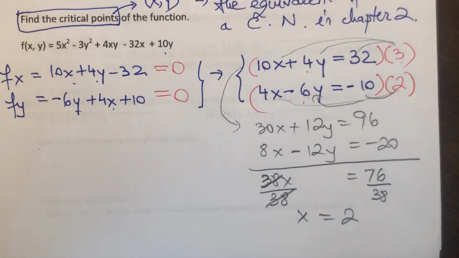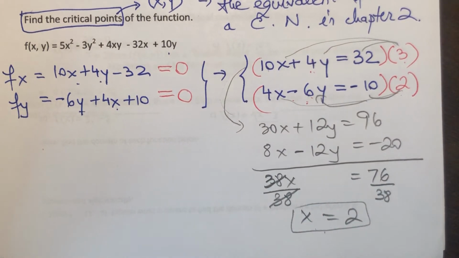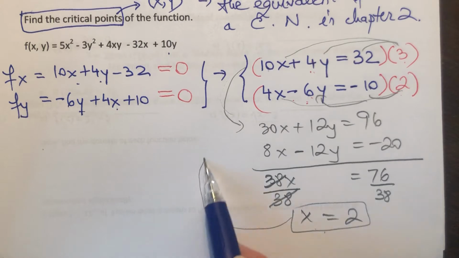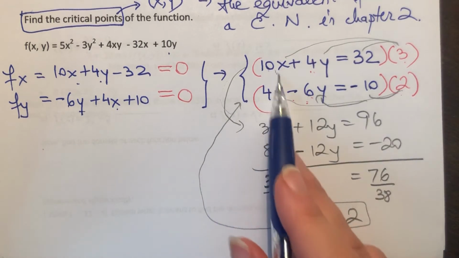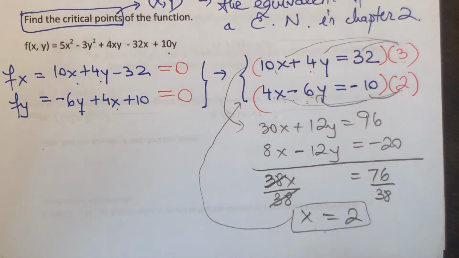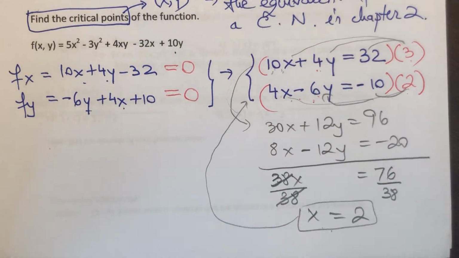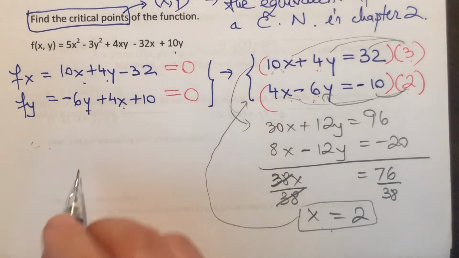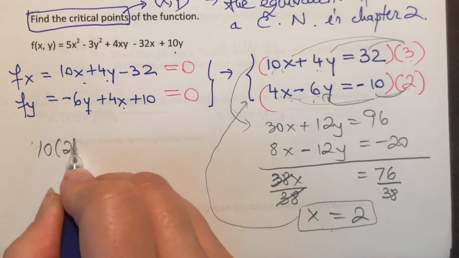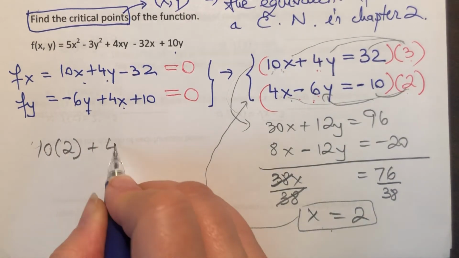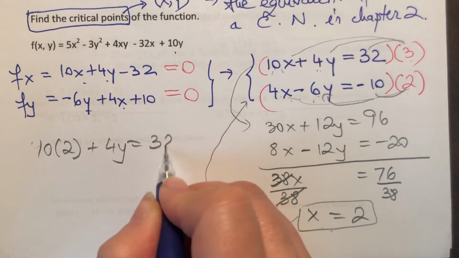Okay. All right, so what do I do once I found the x? That's just one of the input values, right? I also need to find the y. So we're going to take this x and put it into either one of these equations, no matter which one you pick, to find the y value. I'm just going to pick that first equation. That says 10x, so 10 times 2 plus 4y is equal to 32.